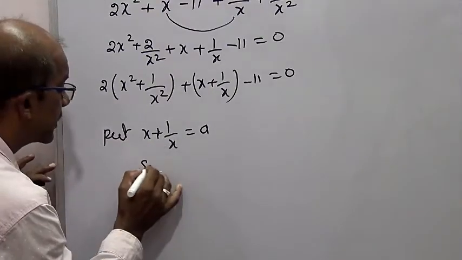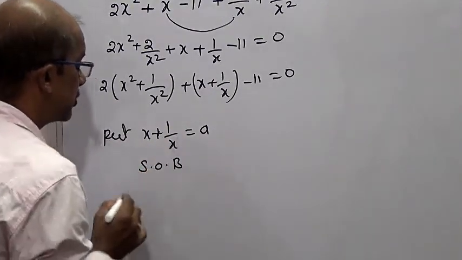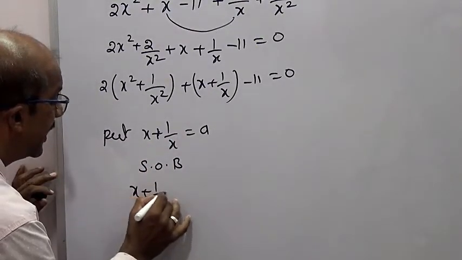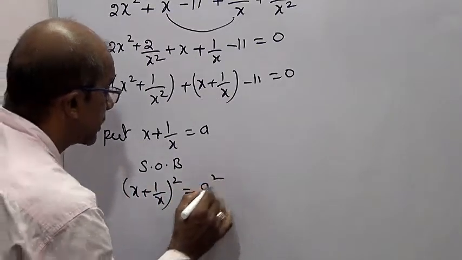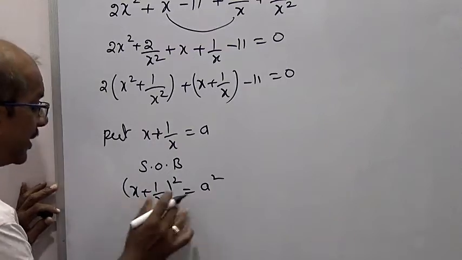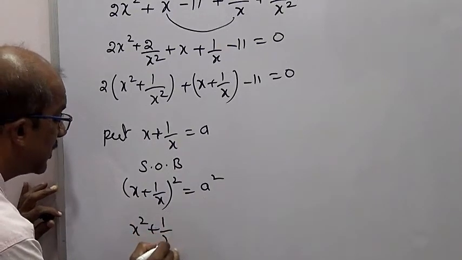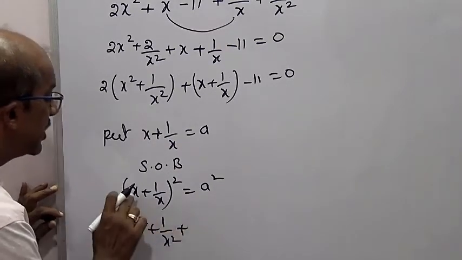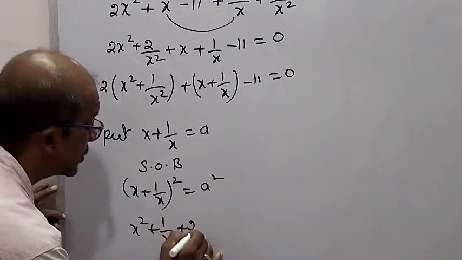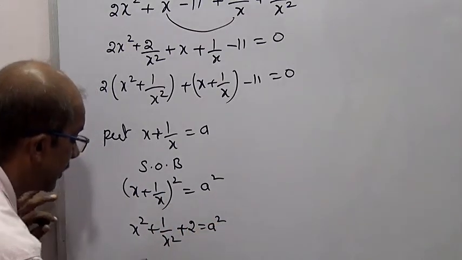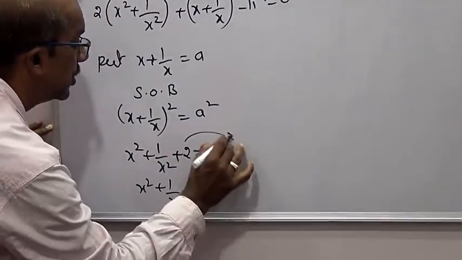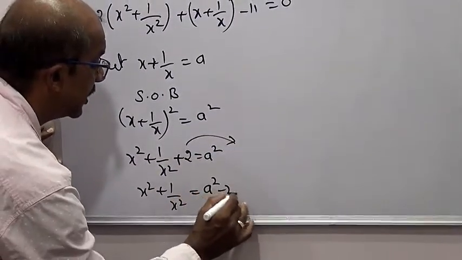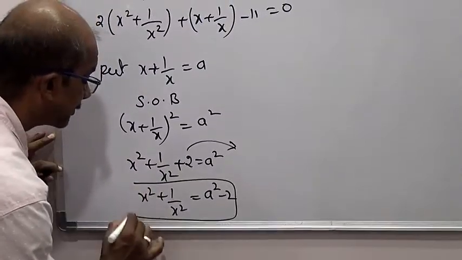Squaring on both sides, it becomes (x plus 1 by x) whole square is equal to a square. Now to expand it, x square plus 1 by x square plus 2 into x into 1 by x, which is 2, is equal to a square. Now transposing it, x square plus 1 by x square equals a square minus 2.